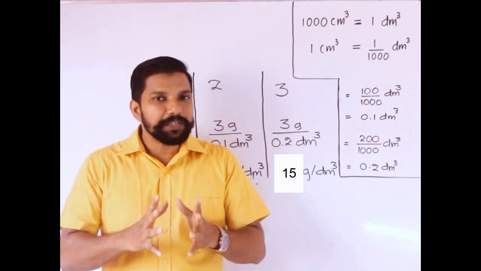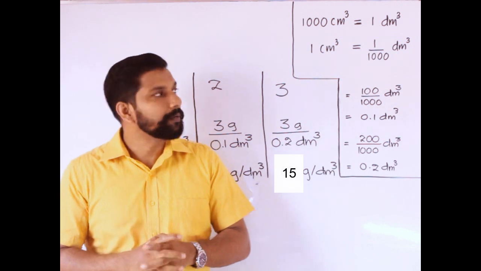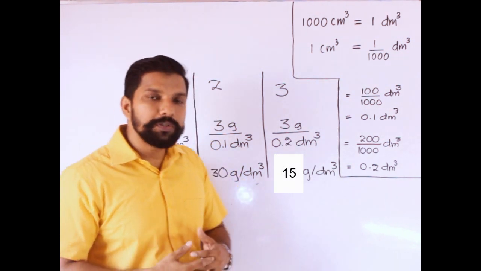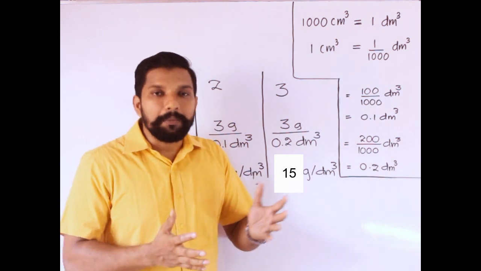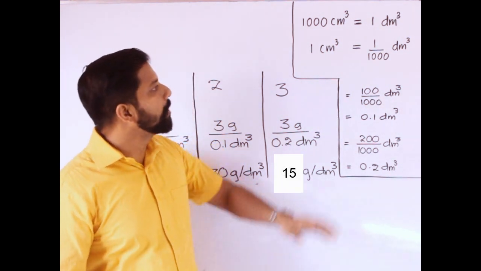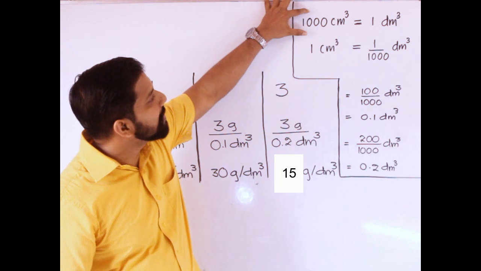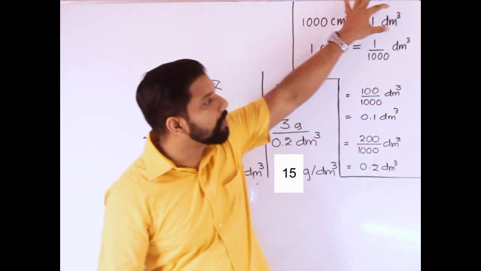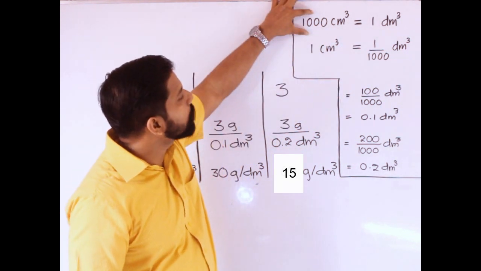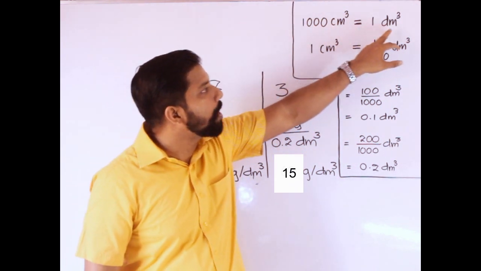Before that, we need a small unit conversion to learn. Since we are using decimeter cube as the usual unit in chemical calculations, we need to know how to convert cm³ or milliliters into dm³. 1000 cm³ is equal to 1 dm³.